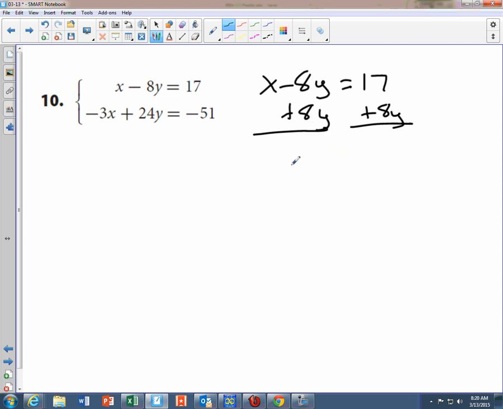Anthony, what's left on this side? X equals 17 plus 8y. Perfect. So that was step one. Camille, what's step two say?